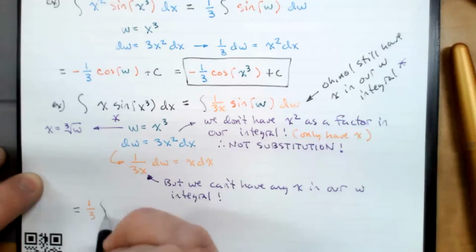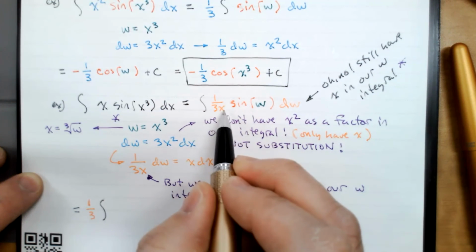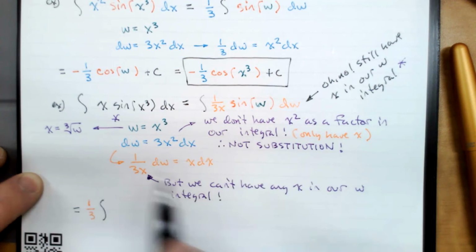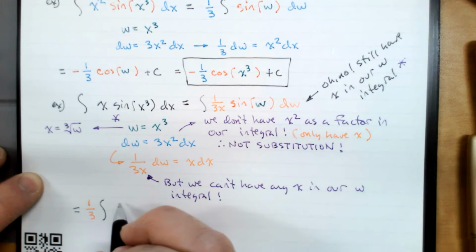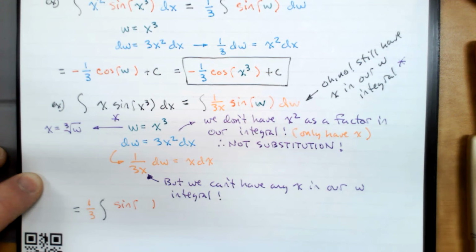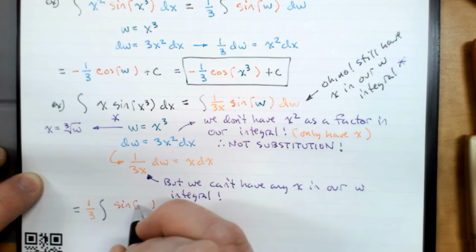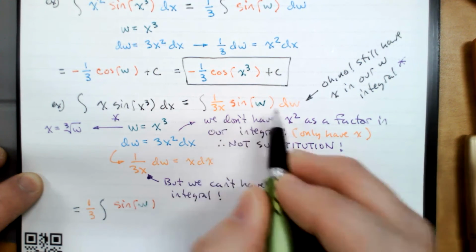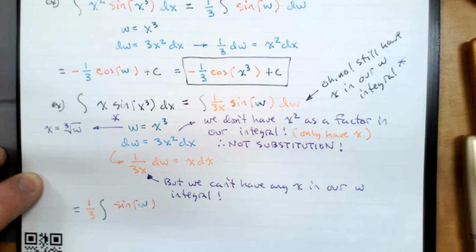And then we'll have an integral. This 1 over x is going to be a 1 over cube root of w. So I'll have this sine of w, that's not changing. And I'm going to put this x in the denominator, and I'm going to write it as a cube root of w.